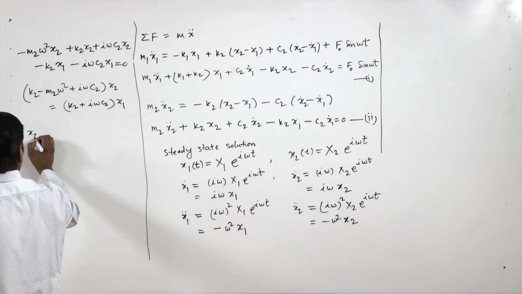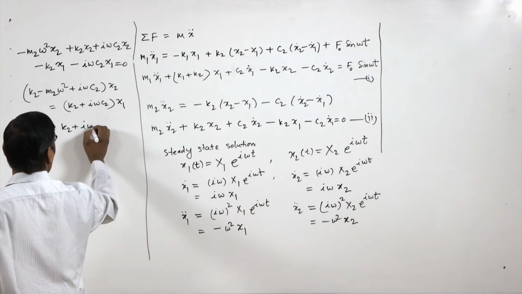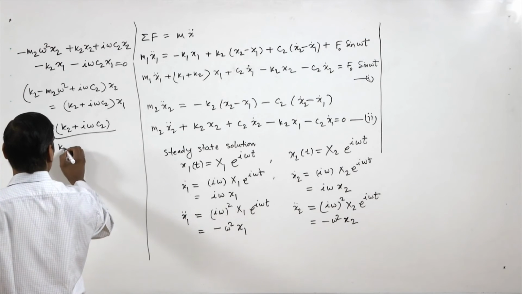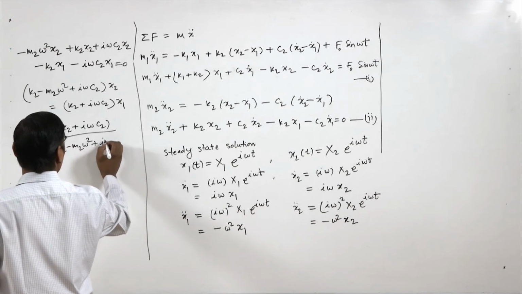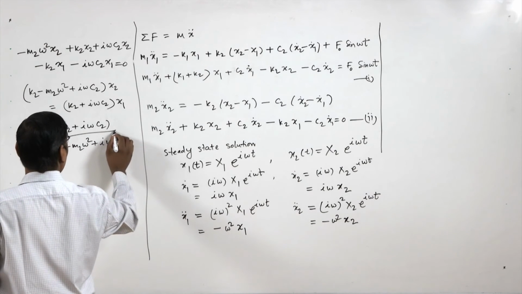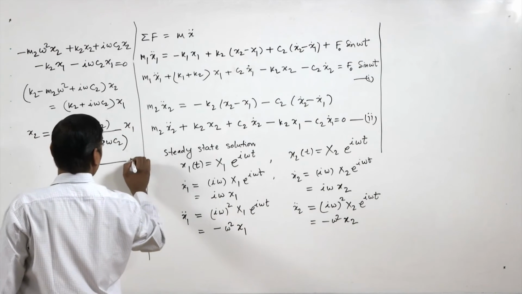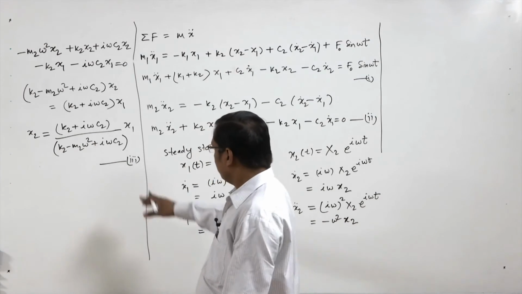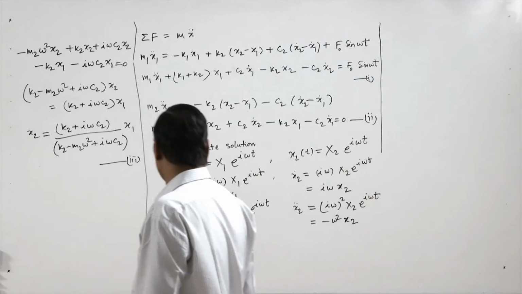So we can write X2 equal to (k2 plus iω c2) upon (k2 minus m2 omega squared plus iω c2) times X1. That is equation number 3. So we have got the expression of X2 in terms of X1.